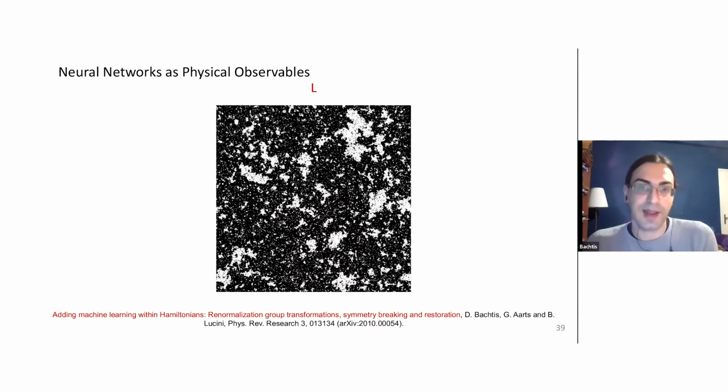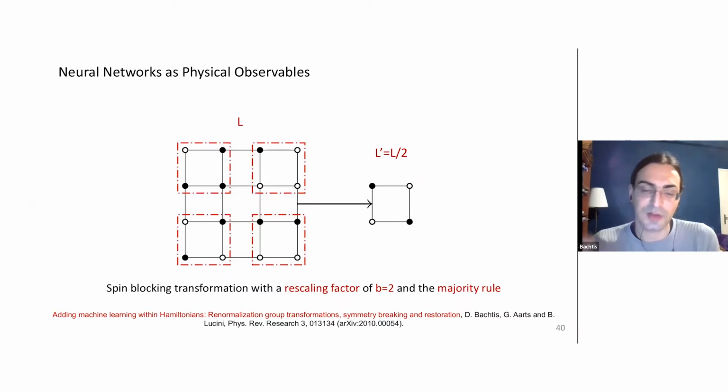So now we want to apply our renormalization group transformation with the majority rule on this configuration. So what we will do is we will separate the lattice into blocks of size 2 by 2, and we will select the rescaled degree of freedom based on the majority of the spins within each block. When the number of spins is equal, we make this choice randomly.